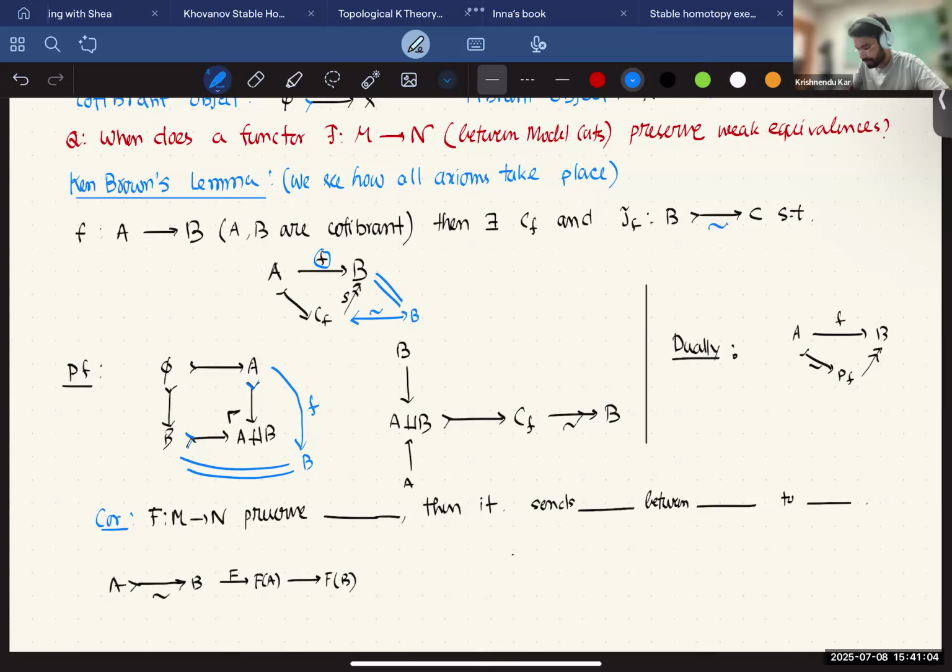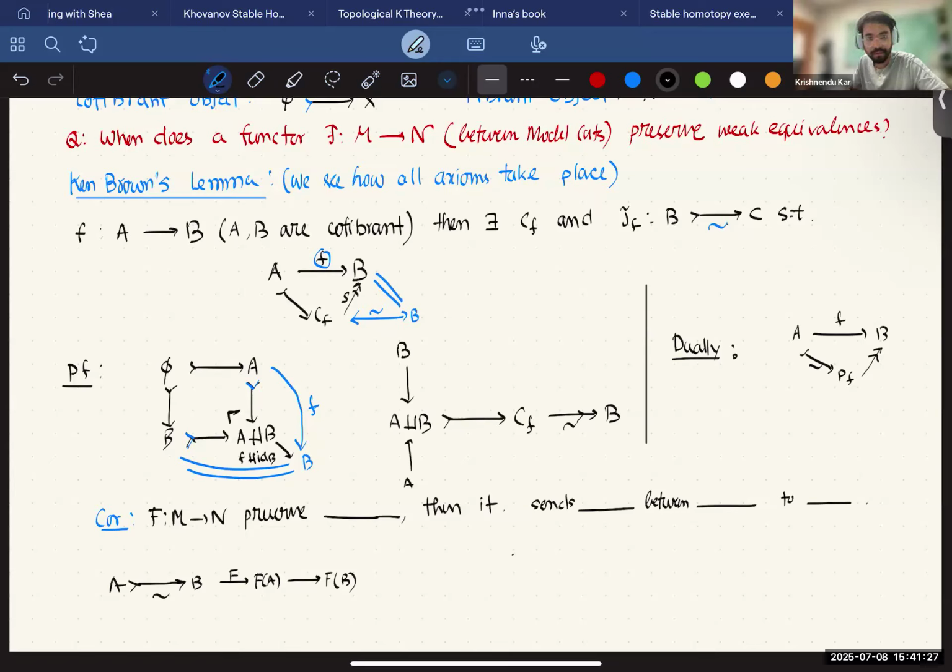That will induce your natural map, F, ID_B, your universal map out of your pushout. This map can be factored into this guy, this CF. So this A disjoint union B is your F disjoint union ID_B.